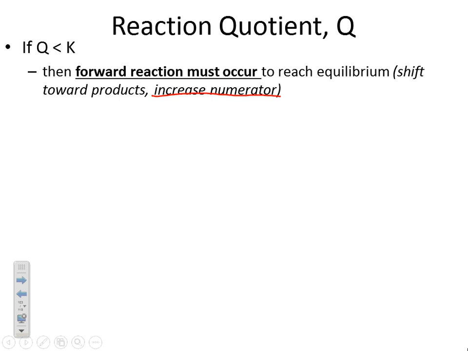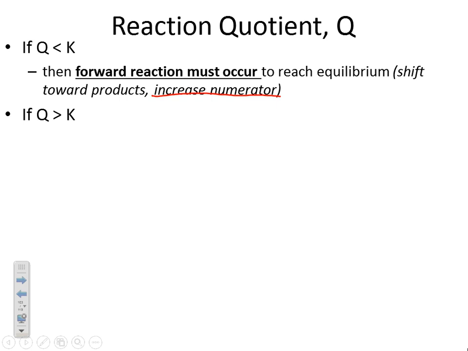What goes in the numerator? Products go in the numerator. It's products divided by reactants. So in order to make the products bigger, the forward reaction must occur. So if Q is less than K, your numerator is too small, your denominator is too large, you're going to have your forward reaction occur, you're going to decrease the concentration of your reactants and increase the concentration of your products in order to get to equilibrium.